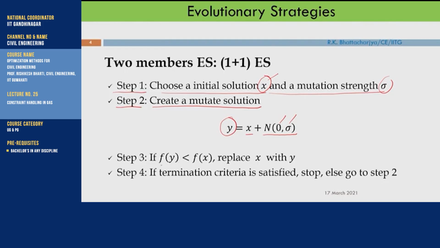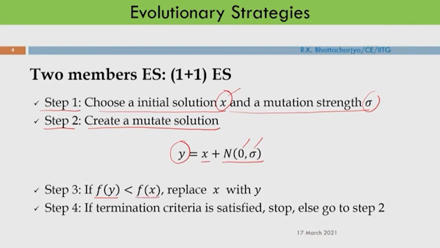Now, what you are doing? You are calculating the function value, that is f(y), and if f(y) is less than f(x), that means in the case of a minimization problem, where I am minimizing f(x), then if f(y), the new solution you created, is less than f(x), then what do you do?